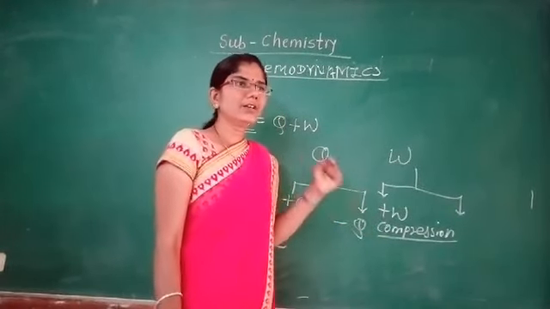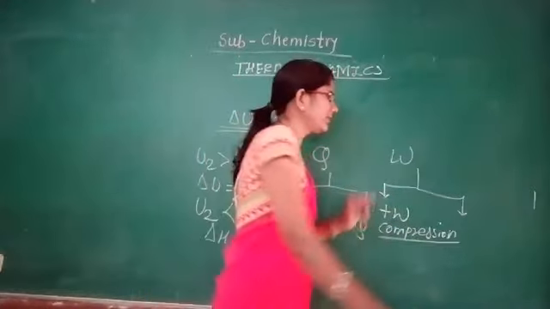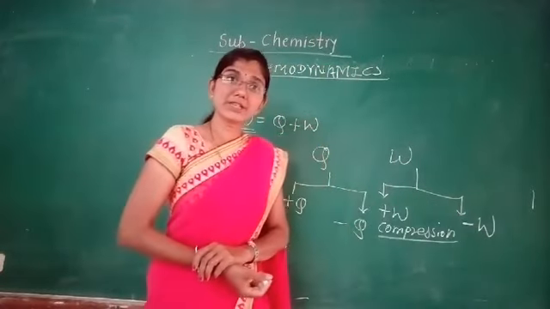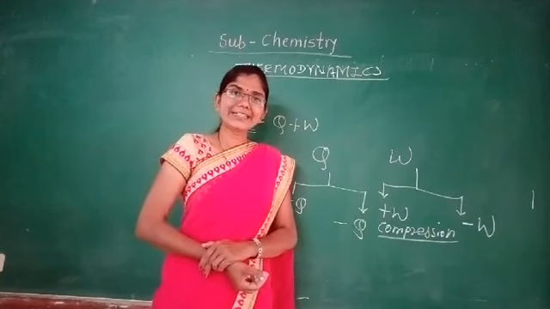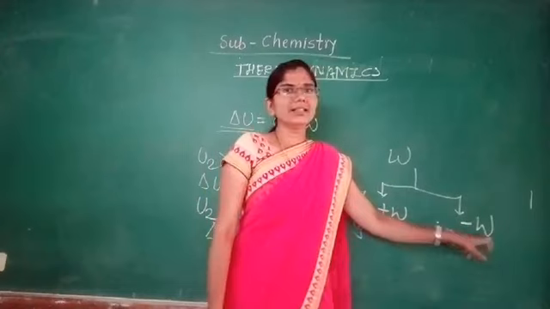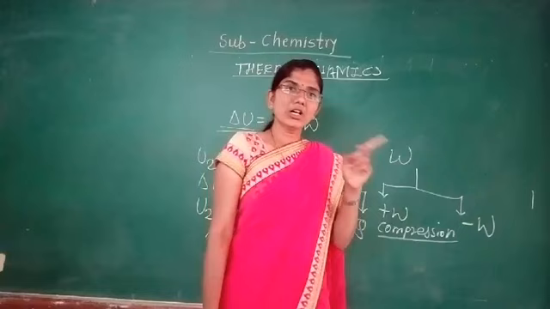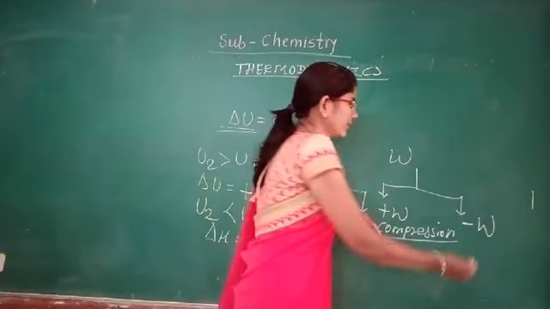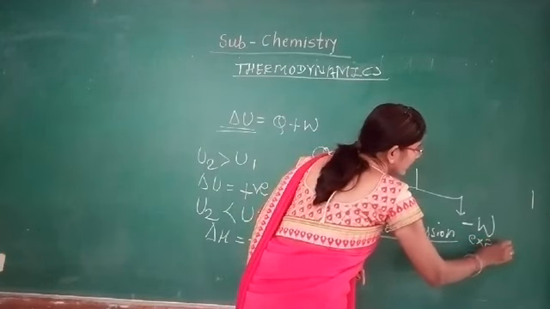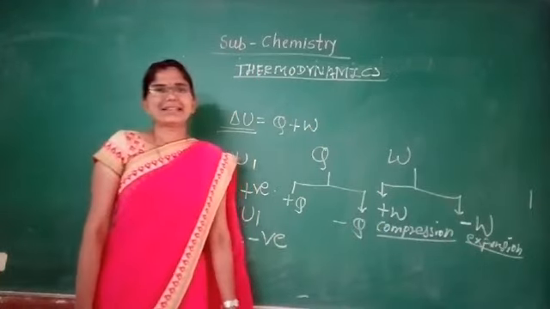And if work is done by the system on the surroundings, at that time the sign convention of W is negative, and therefore it is an expansion type of work.